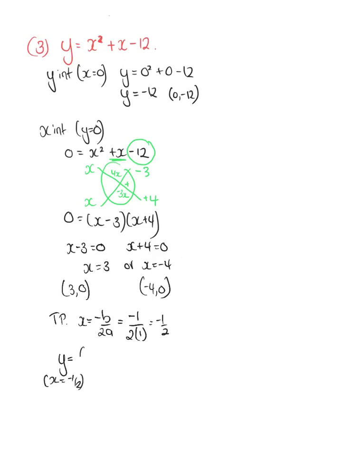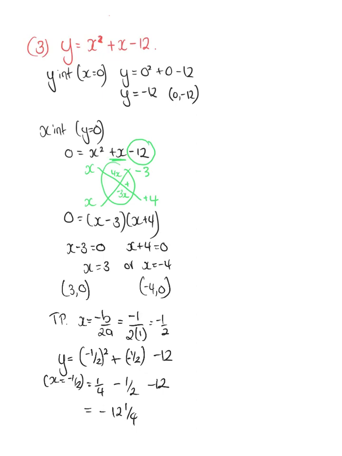So I get negative a half squared plus a half minus 12. So that ends up being a quarter. Whoops, that should be plus negative a half. So a quarter minus a half minus 12 equals negative 12 and a quarter.